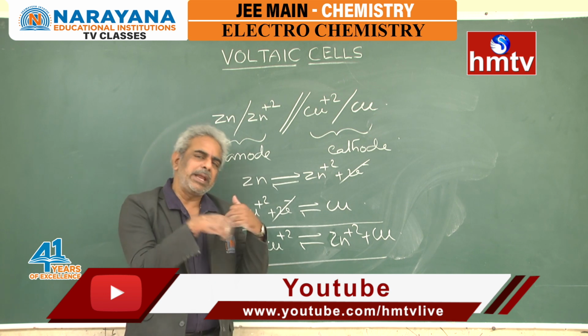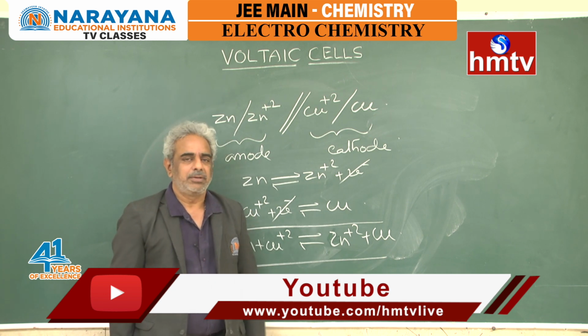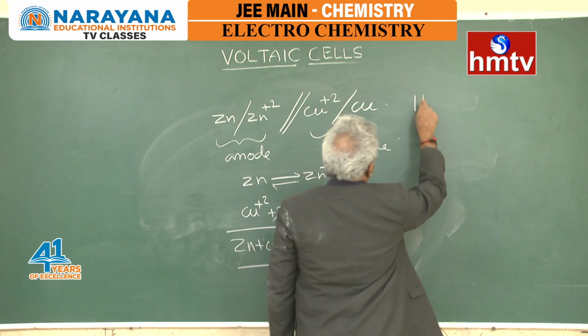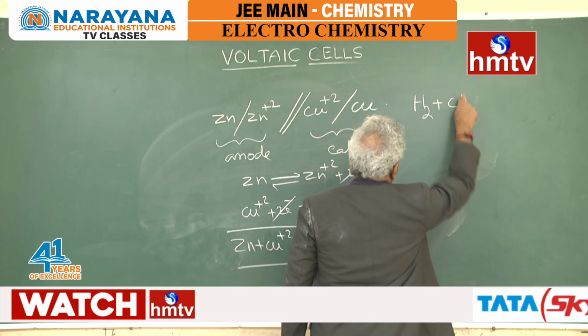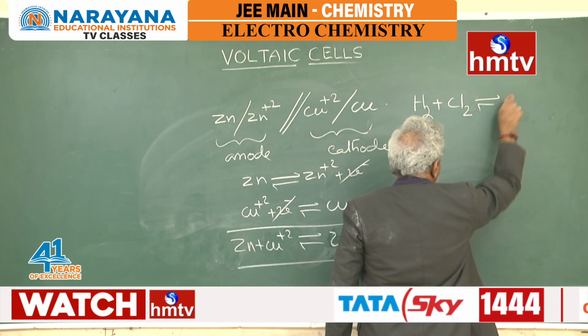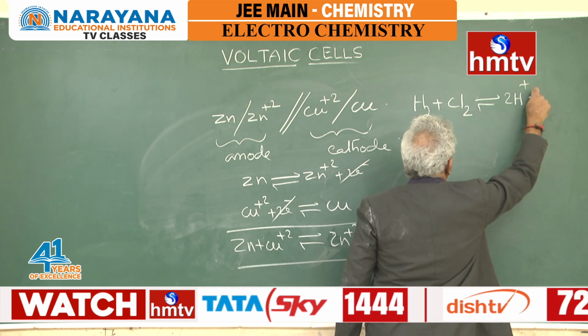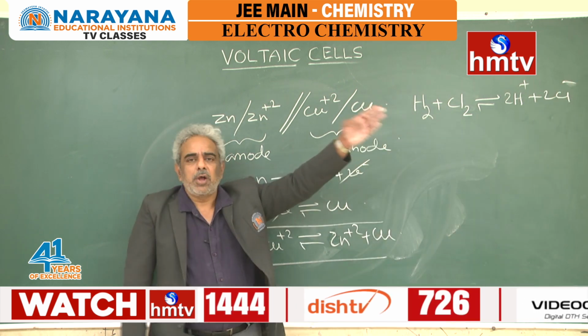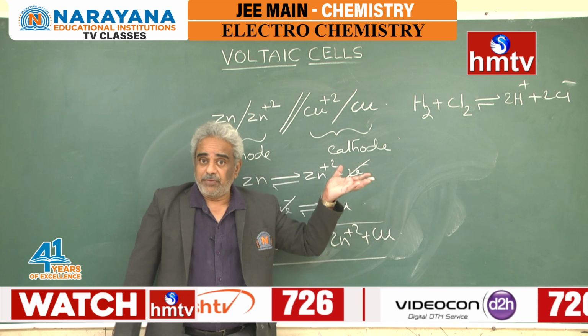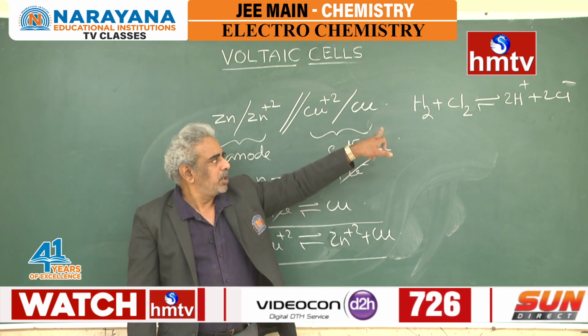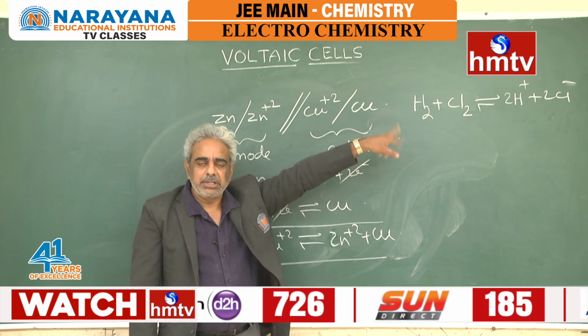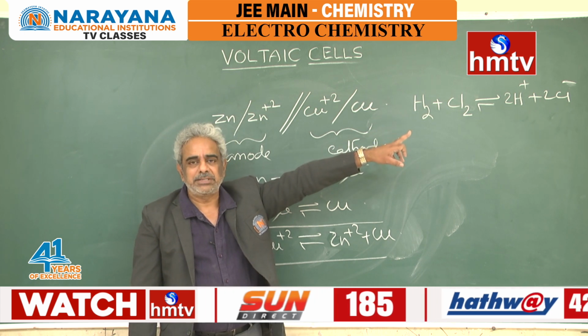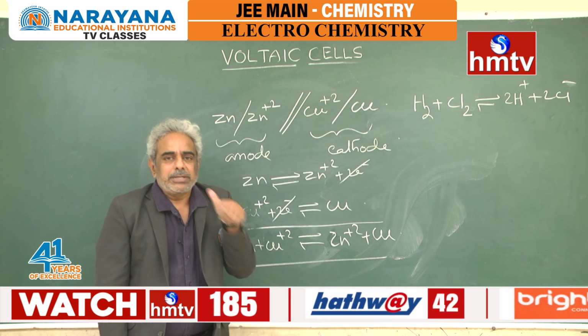Suppose you take any redox reaction. For example, the hydrogen-chlorine reaction, which is providing you 2 H plus ions and 2 chloride ions. Is it not a redox reaction? Obviously, it's a redox reaction because hydrogen is in the elemental state, 0. On the other side, it is plus. So, it's a redox reaction. Who is undergoing oxidation?